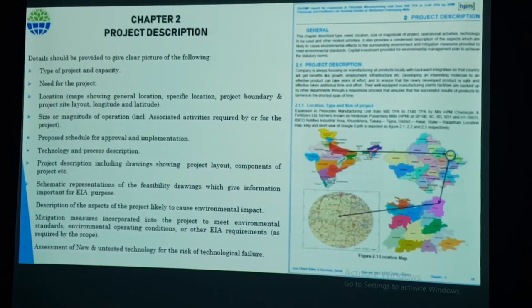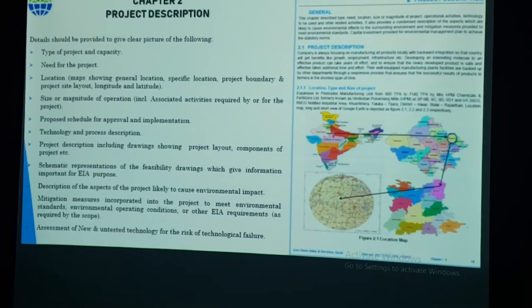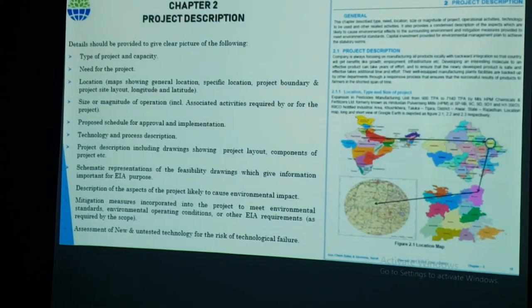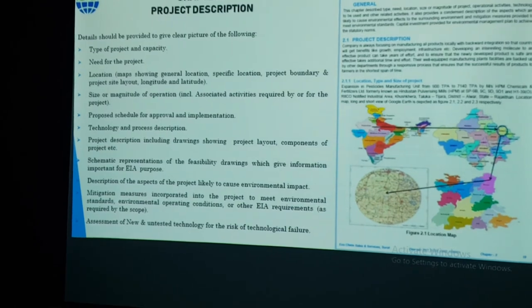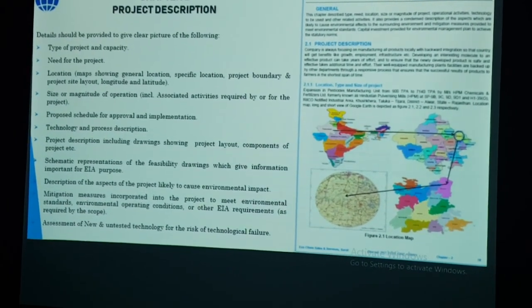Then size or magnitude of the operation, project schedule, technology and process description, mass balance, water balance, and representations of layout, drawings, and aspect impact analysis. On that basis, mitigation measures on design basis.